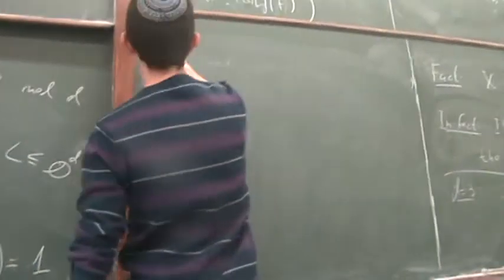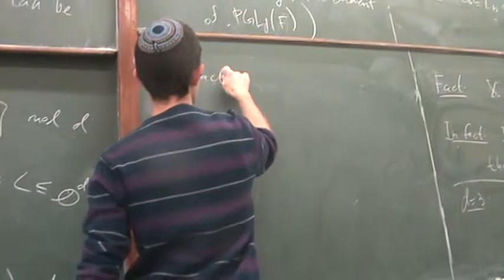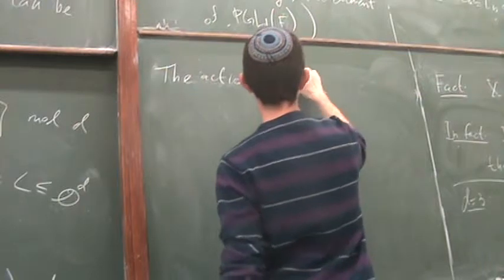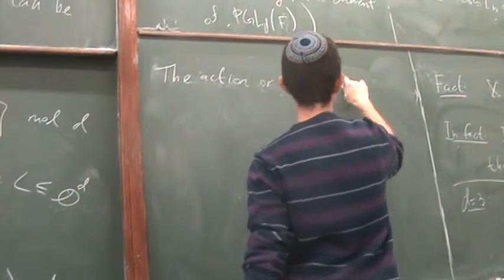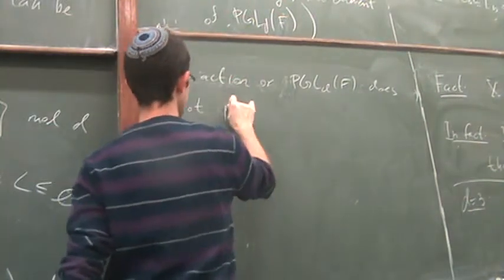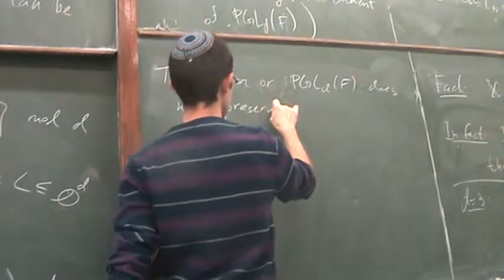So notice that the action of PGL_d(F) does not preserve colors.